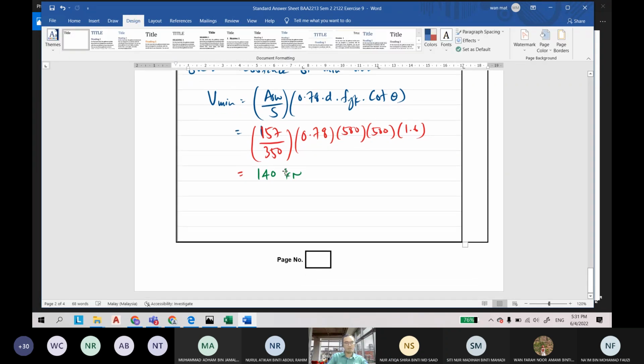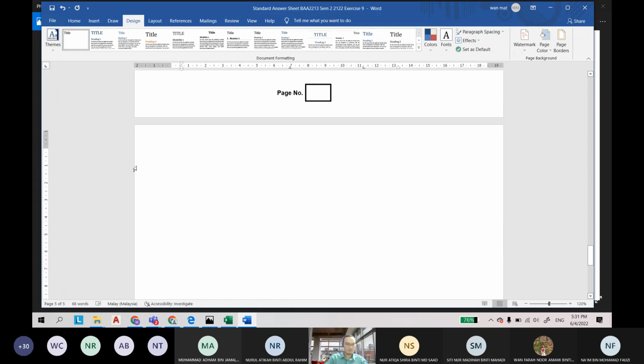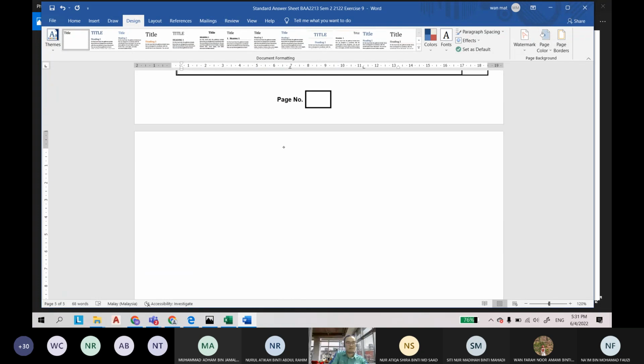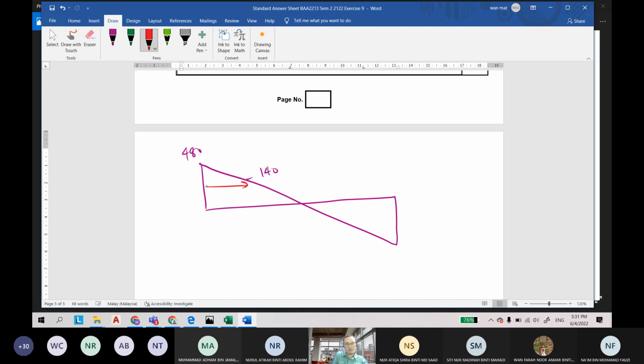So we find the value of X. Dah habis lah. Okay, sorry, I have to use this blank page. So find the distance of X as in exercise 8. This is 480. This is 140. So here is our X, here is the Y, and here is L over 2.